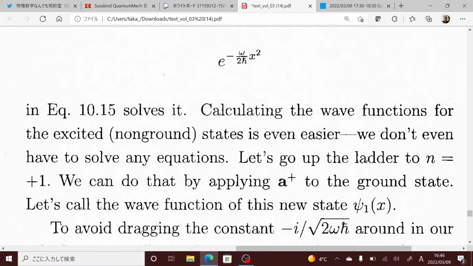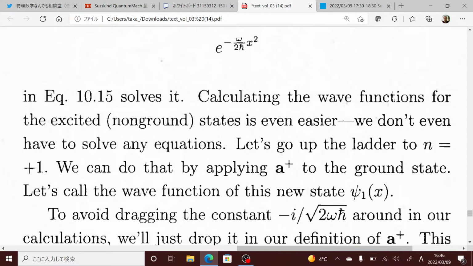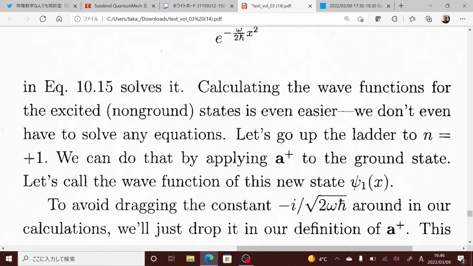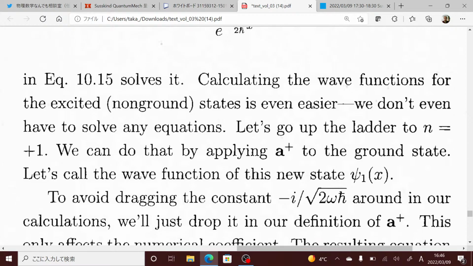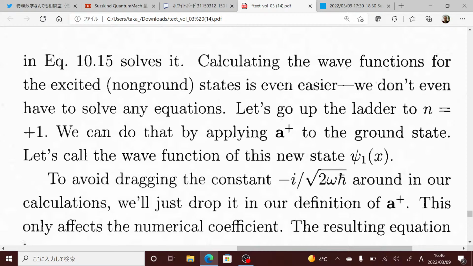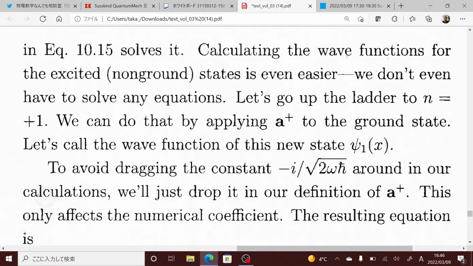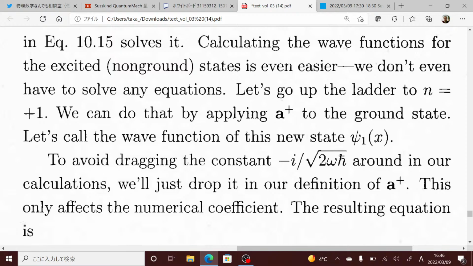Calculating the wave functions for the excited, non-ground states is even easier. We don't even have to solve any equations. Let's go up the ladder to n equals 1. We can do that by applying A plus to the ground state.